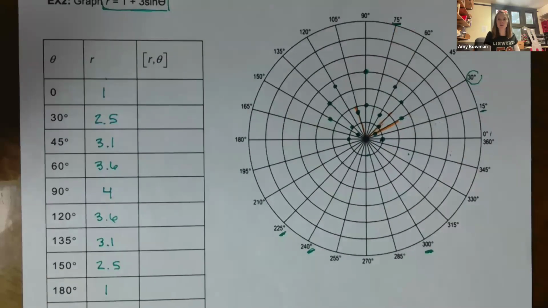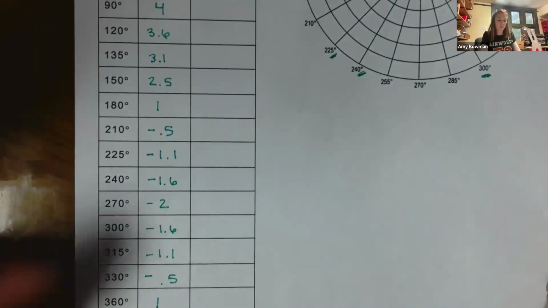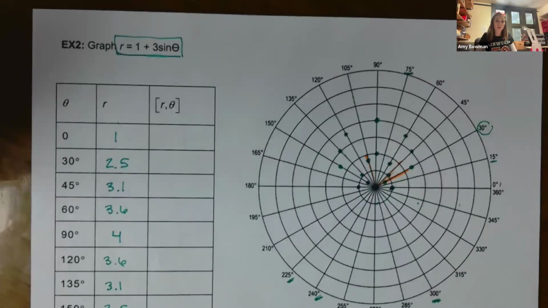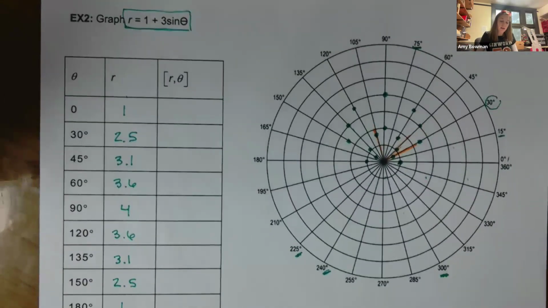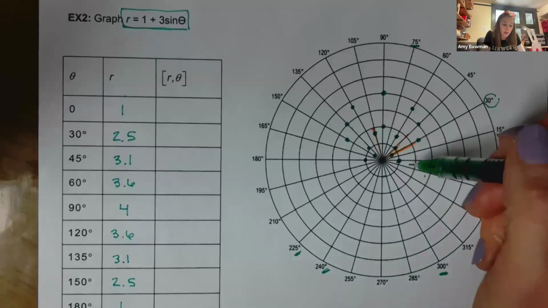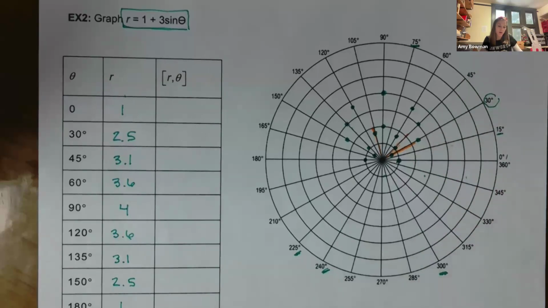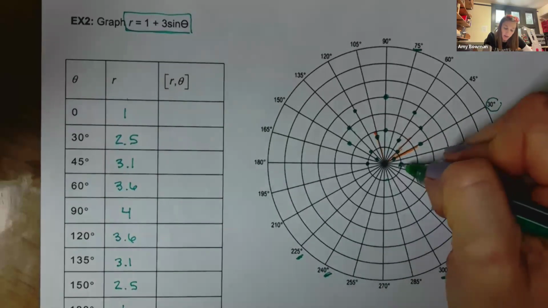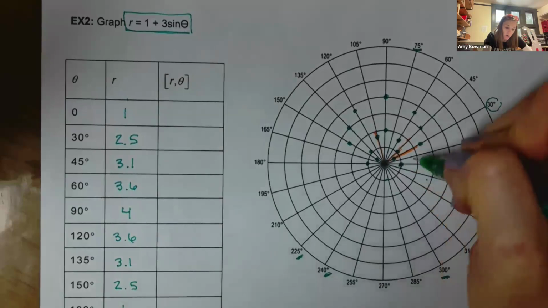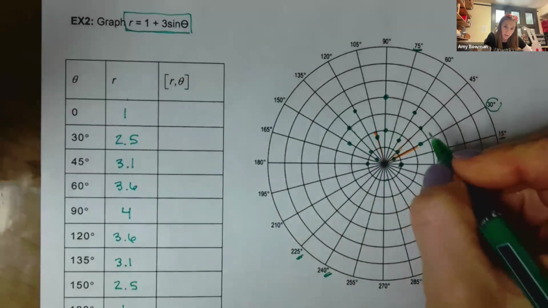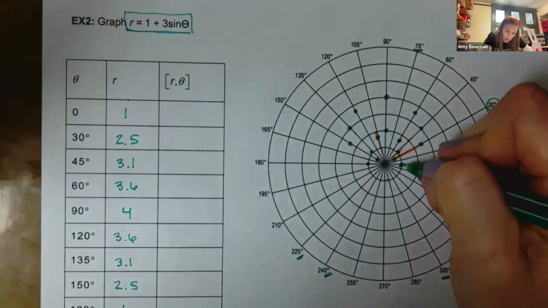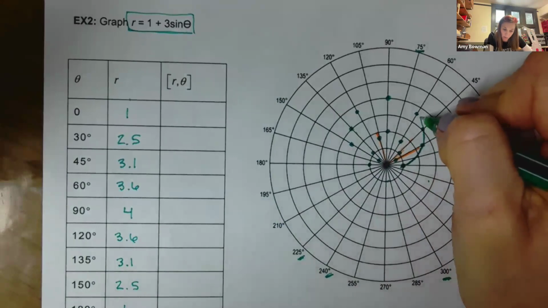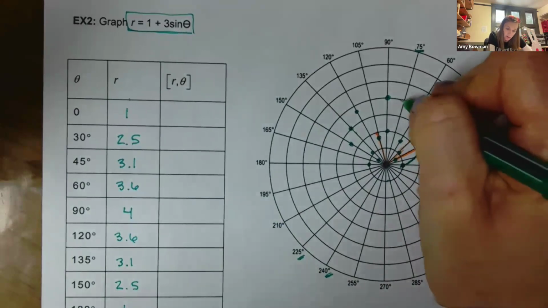This is different from our first two graphs because we were able to stop after 180 on those. On this one, we did not get the complete graph or all of our points until we went all the way to 360. The way that you will connect these points is just the order that we graphed them in. Starting here at R equals 1, theta equals 0, we're going to connect going up along the outside of this figure, where it just seems like a circle at first.